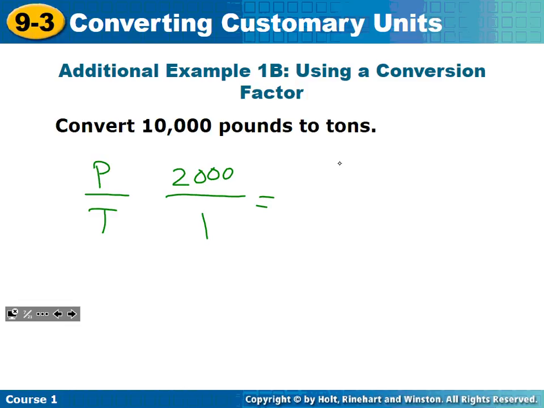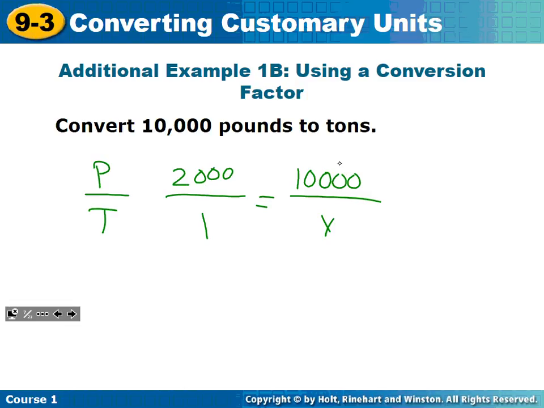Can you do this, please, Corbin, on your whiteboard so that you know what you're going to do with your homework? Pounds is on the top or on the bottom right now? On the top. So if we put 10,000 on top, and our variable on the bottom because we're looking for the number of tons.